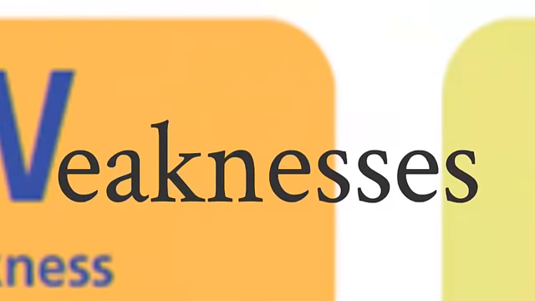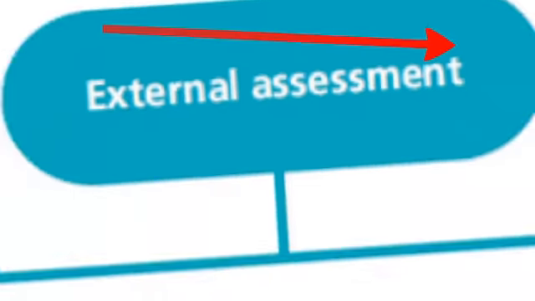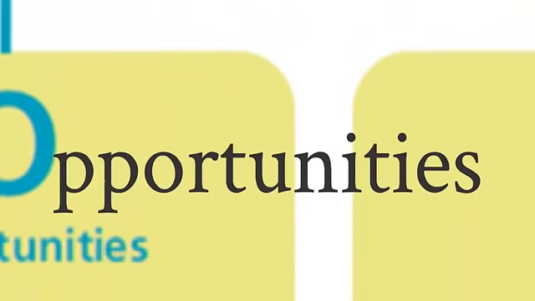Some weaknesses, again, that's internal. We might have incompetent staff, which may be a weakness. Products may be in decline, facilities run down. There's some examples. Now we get to the external influences that come from outside of the business that can influence it. There are some opportunities.